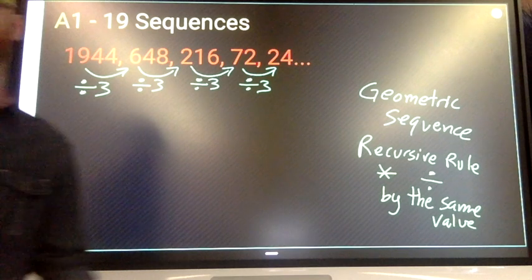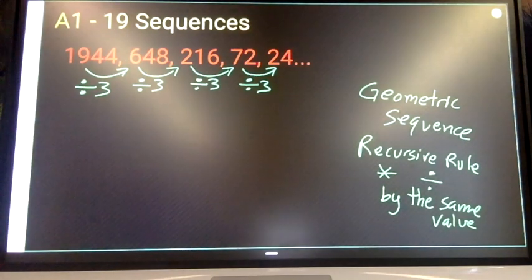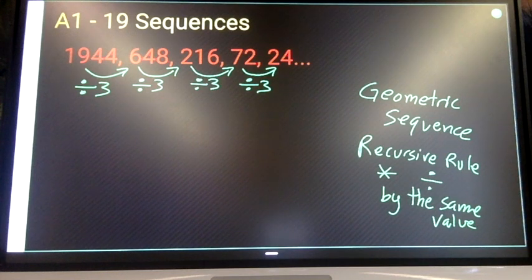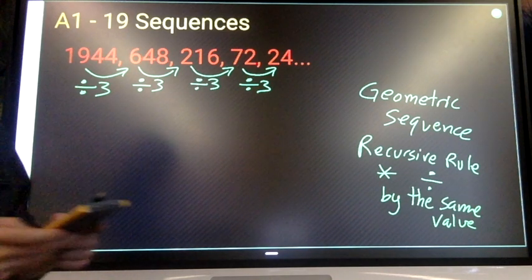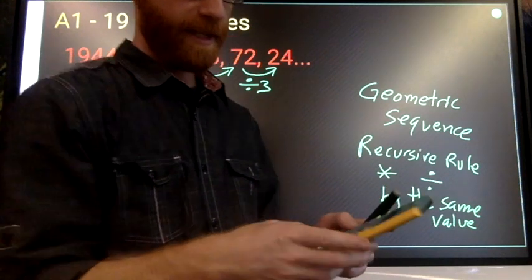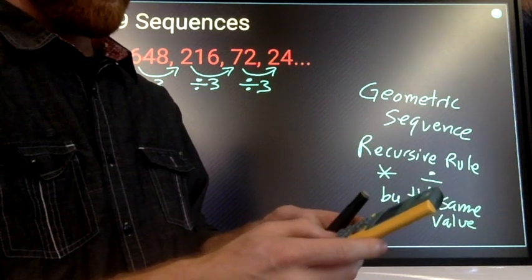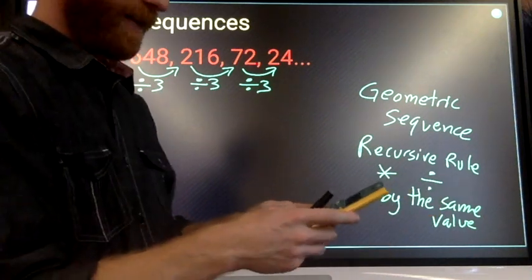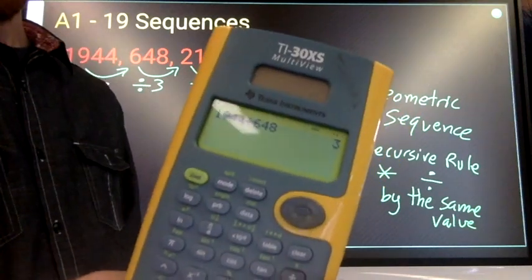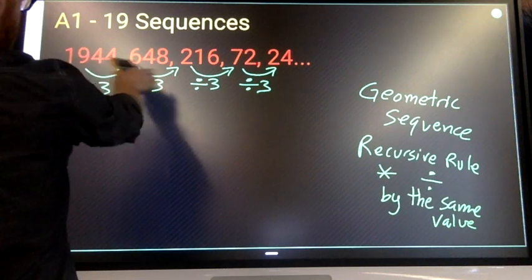And you don't have to have built the problem or be able to do those numbers in your head. You can just use a calculator from term to term. You would do 1944 divided by 648 and find out that the factor that I need to divide by to get from here to here is 3.